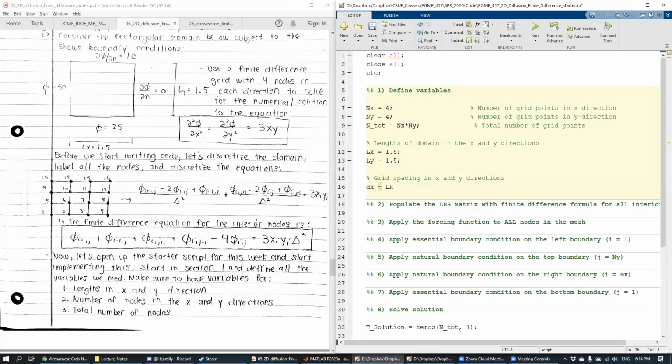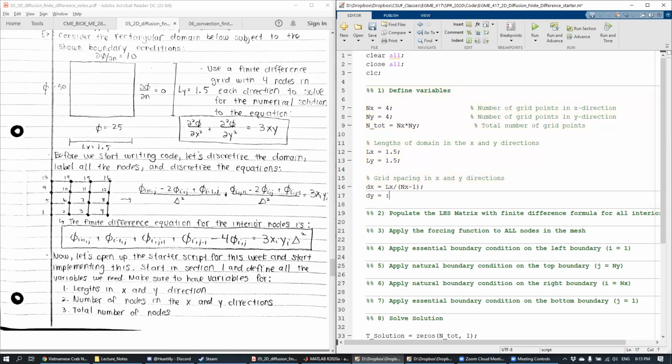And so to get dx, all we're going to do is take the length of the domain in the x direction, which is Lx. Okay. And then we're going to divide it by the number of grid points in that direction minus 1. Okay. And then same thing for y. Okay. Right.